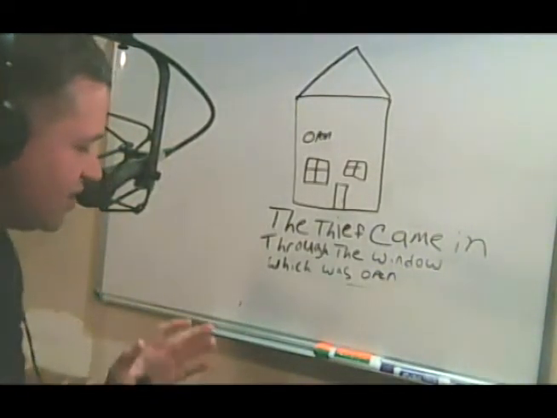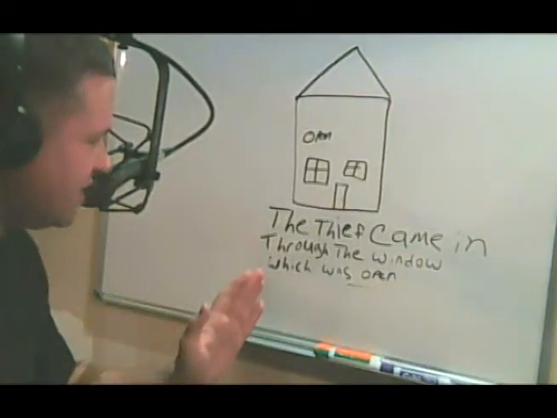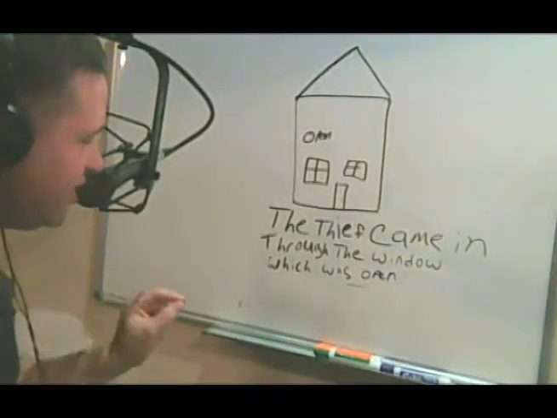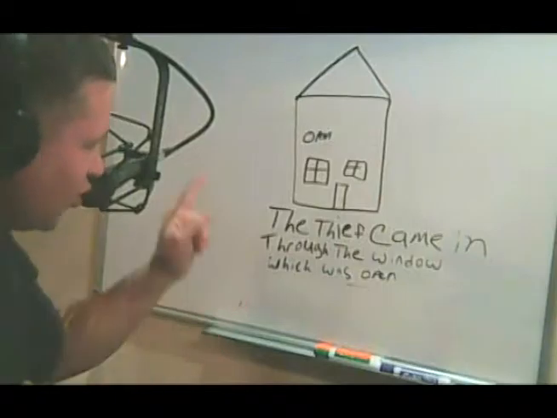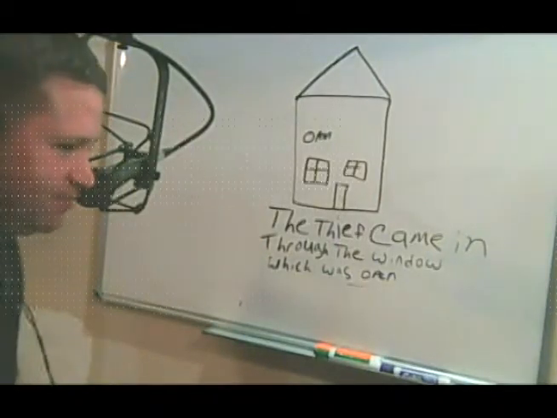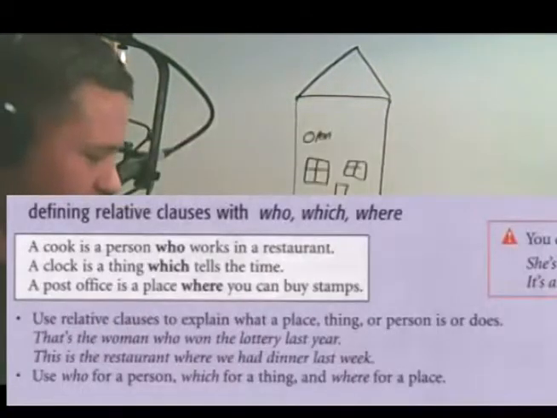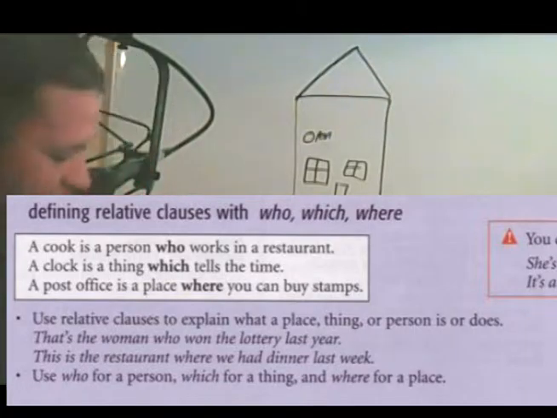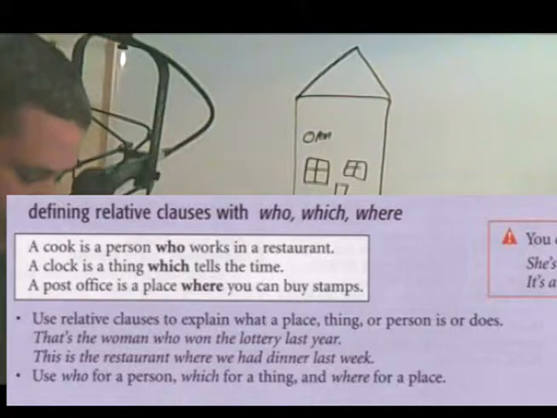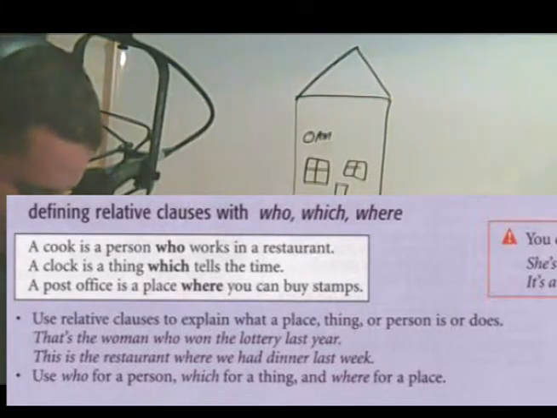And with the comma removed, it's giving you the necessary information that you need to know which window he came in on. Okay? So the key there is, if it is necessary information, there's no comma. If it's extra information, then you use a comma.